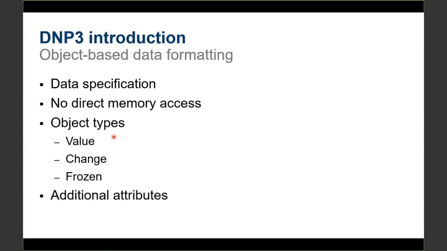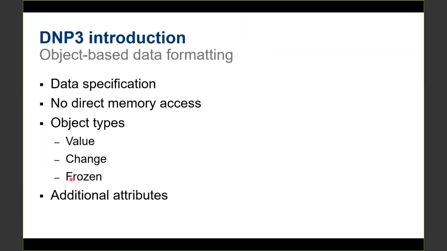So for example, object 30 in the DNP protocol is reserved for analog inputs. In this object 30, we have a variation to send the analog inputs with 16 bits and another one to send analog inputs with 32 bits. DNP also has support for floating point. It is another variation on object 30.